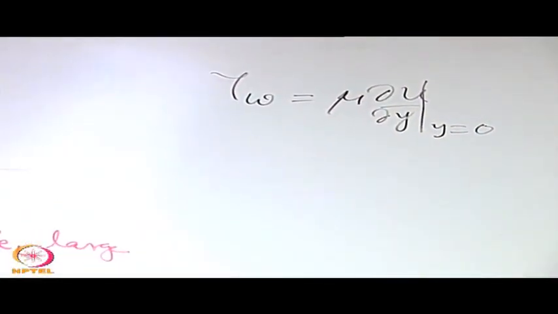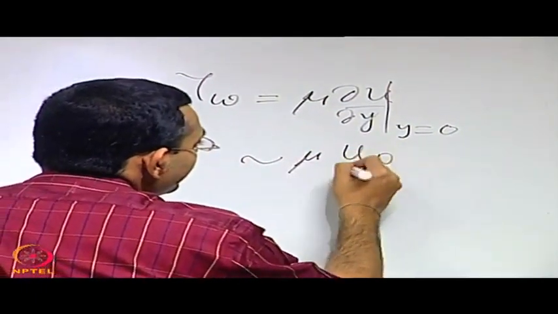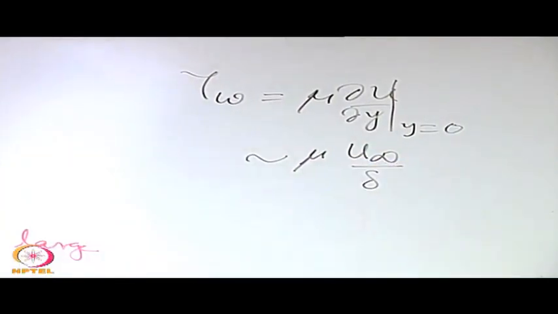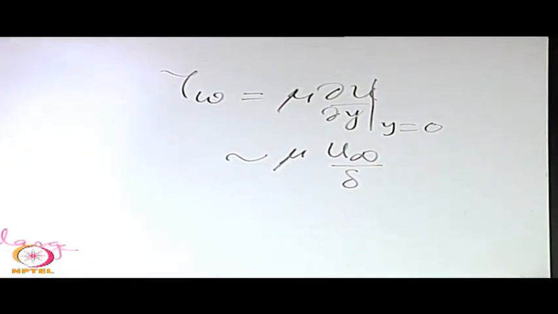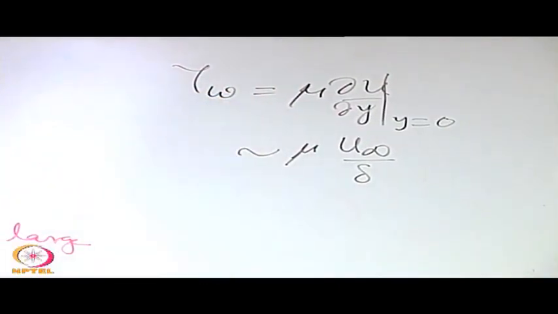So what is the scale of the wall shear stress? What is the order of magnitude of this? Mu into u infinity by delta, right? So the important non-dimensionalization of wall shear stress is what?